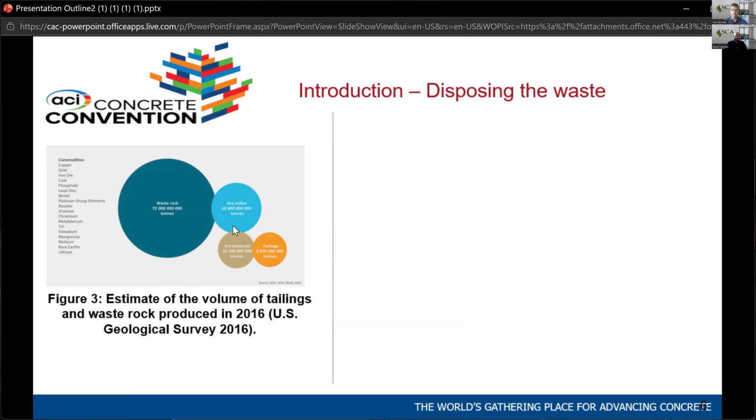Of the entire waste and ore, the majority goes to waste, what we mine, and then a portion of it is ore, and from the ore there are tailings, which are the byproduct of extracting the minerals from the ore. A large portion of it goes to tailings, and we have to store this tailings somewhere.